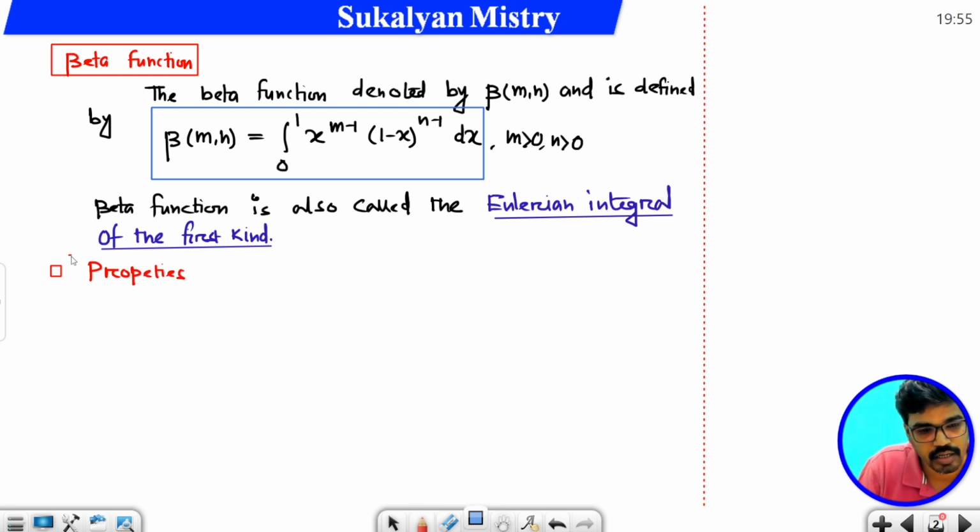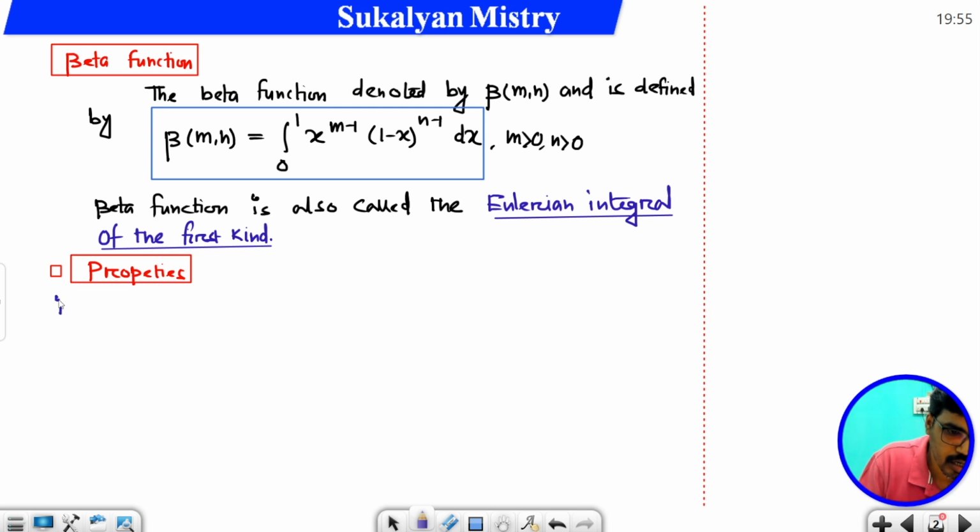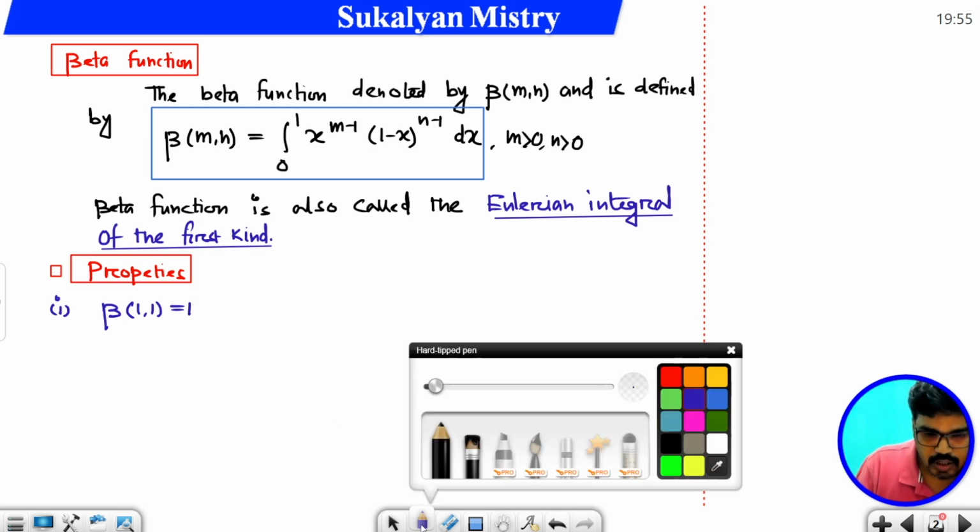Property number 1: beta 1 1 is 1. So exam question ta ki dite pare, show that beta 1 1 is 1. Short type question. So what is beta function?